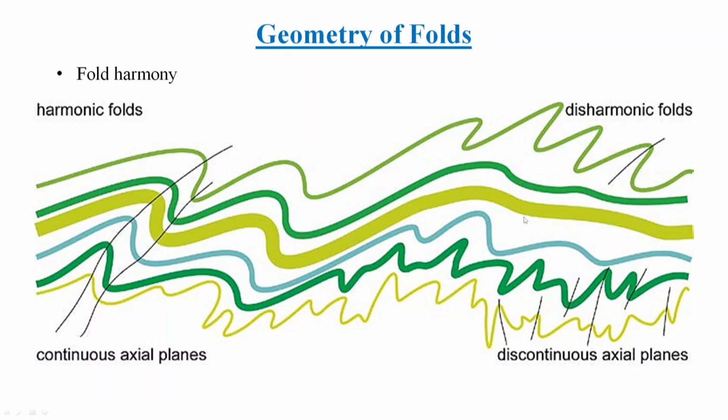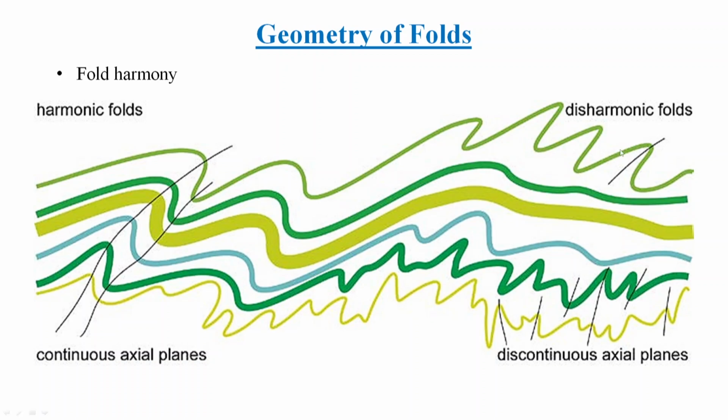Based on fold harmony also, folds are categorized broadly into harmonic fold and disharmonic fold. The simple idea of harmonic and disharmonic fold is that if the subsequent layers that are folded together have more or less parallel axial planes, so that the axial plane is continuous, in that case it will be considered a harmonic fold.